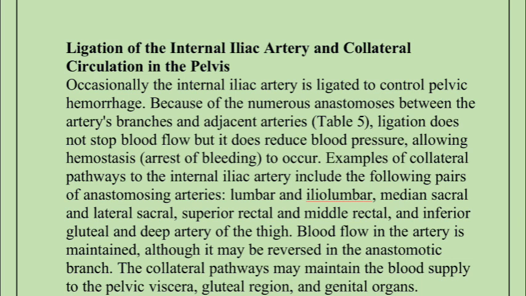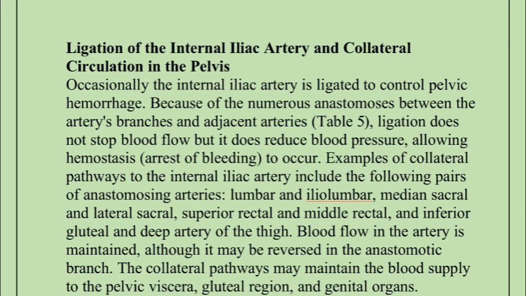So blood flow in the artery is maintained even if you have ligation. The blood flow is also maintained, though it may be reversed in the anastomotic branch. So even if you ligate a branch of the internal iliac artery, you might have blood flowing from some other collateral branch, and the bleeding will still be there, but hemostasis will be encouraged so that the bleeding can be arrested.